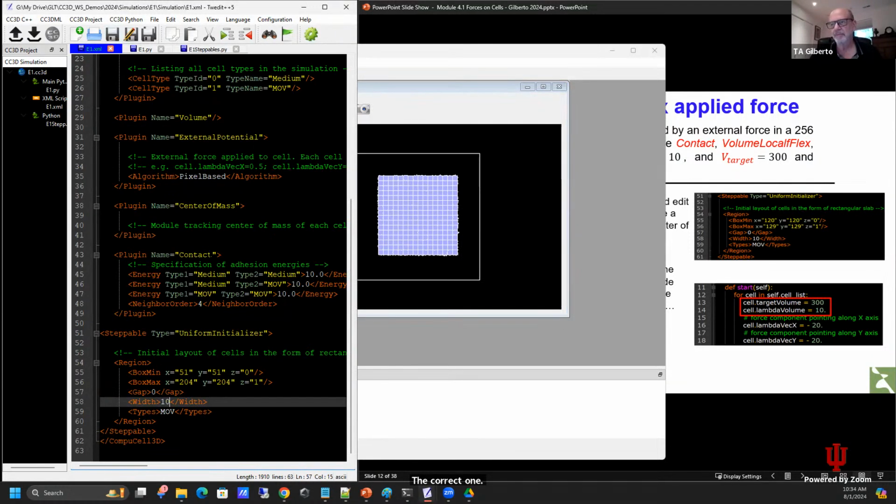Of course. Here I have to define the size of the cell. Since I want a cell with size 10, I have to define a region, box min and box max, of 10 pixels of size.